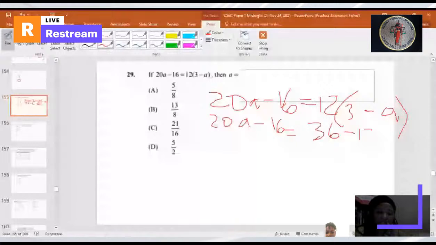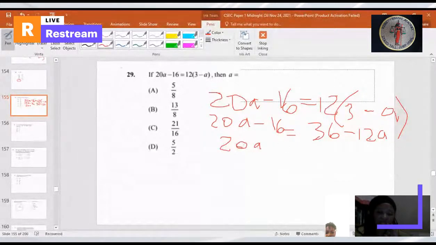So we're going to have 20A on the left, plus 12A because we're adding 12A to both sides. And we're going to also add 16 to both sides to get rid of the 16 on the left. So it's going to be 36 plus 16.